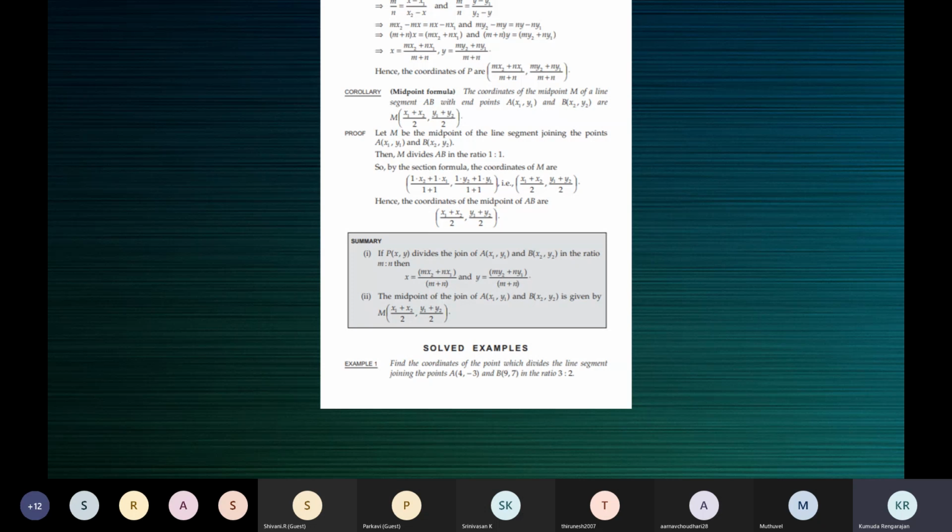Substitute the values and get that number for x coordinate of P. Then write y coordinate of P is equal to my2 plus ny1 by m plus n. Substitute the values. M is 3, n is 2. Find out and tell me. You should work the x coordinate and y coordinate separately, children.